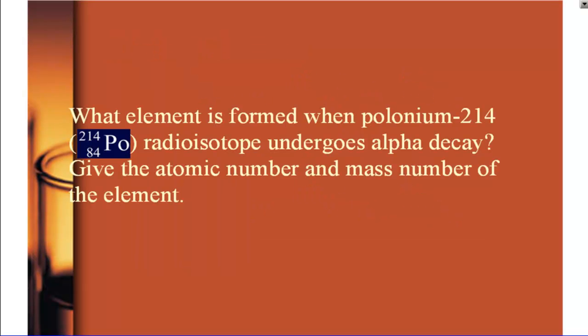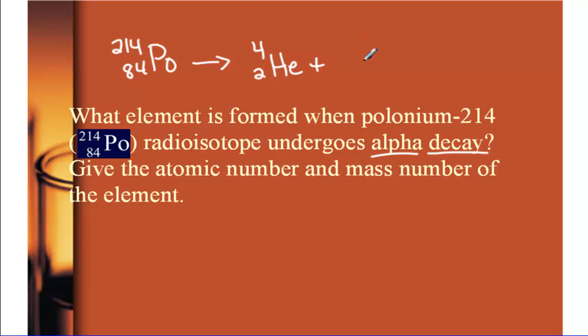So an example here is: what element is formed when polonium-214, a radioisotope, undergoes alpha decay? Give the atomic number and the mass number of the element. If we start with polonium-214, that decays, and it's alpha decay, so we know that it gives off an alpha particle. The only reason I wrote the other one over here was because that's the way it was written in the diagram.